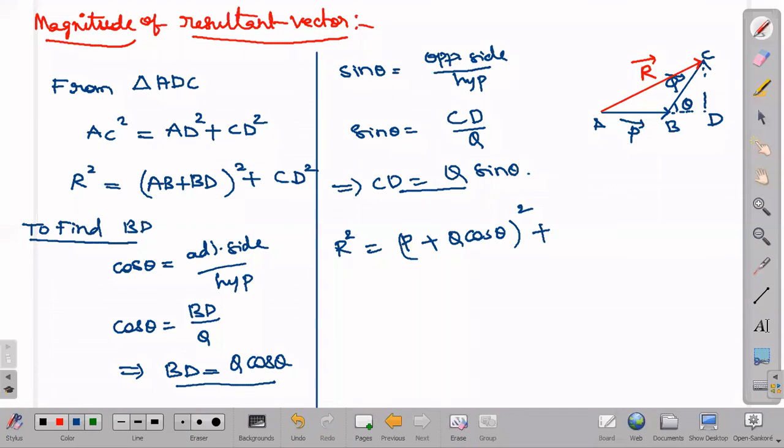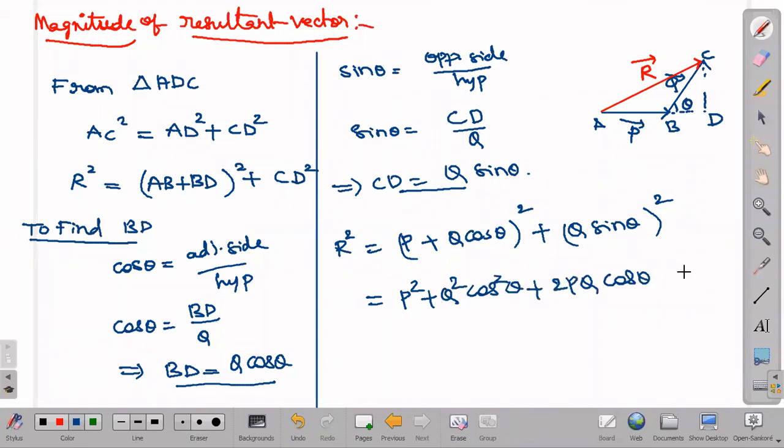CD is Q sin theta, Q sin theta whole square. Right? Now, if we simplify this further, this is the A plus B whole square formula. So we get P square plus Q square cos square theta plus 2PQ cos theta plus Q square sin square theta.